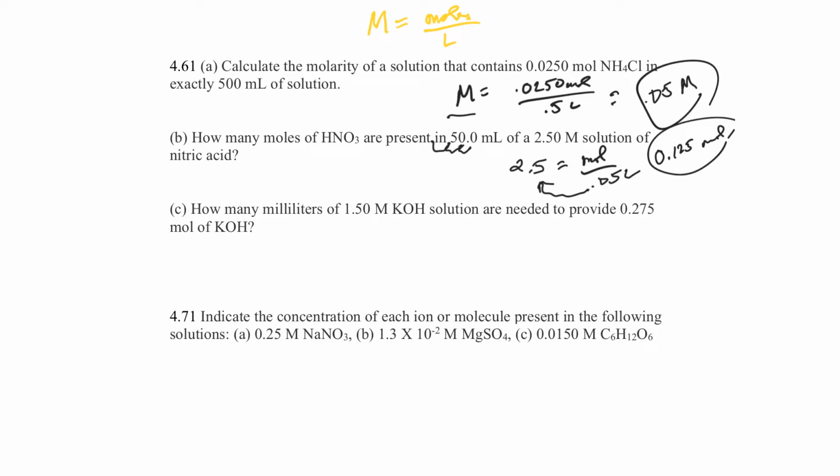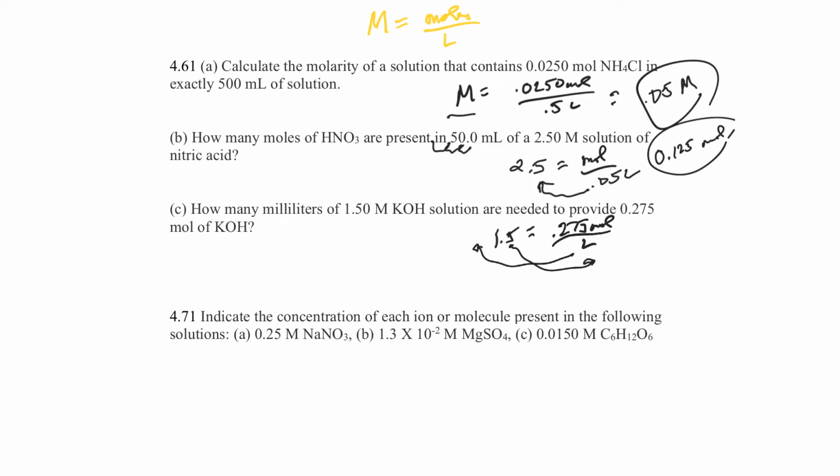See how many milliliters of 1.5 molar, okay, so if we have 1.5 molar, that's what goes here. 1.5 molar is moles over liters, okay, they give us that, so we have 0.275 moles over liters. Well, we want to solve for liters. So we go up and bring this one down, okay?